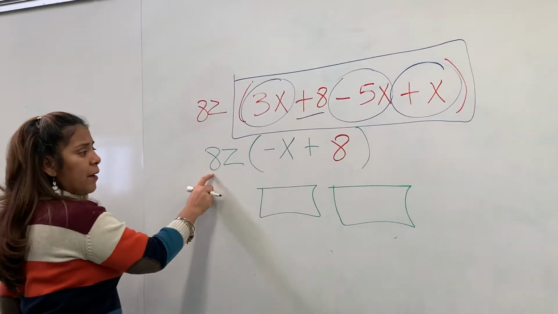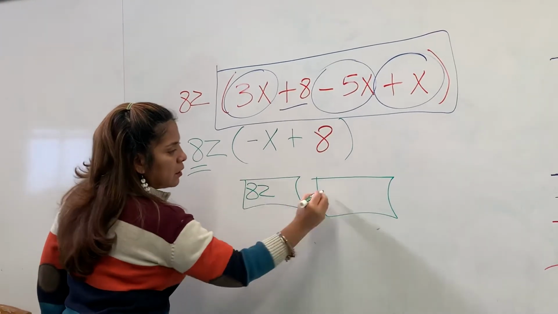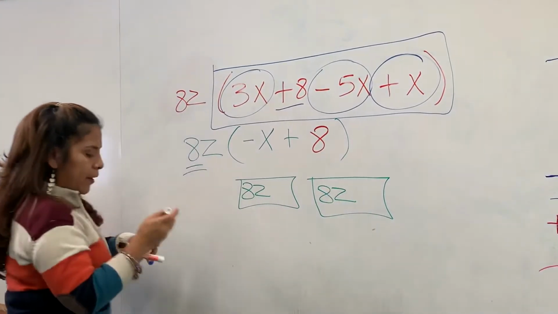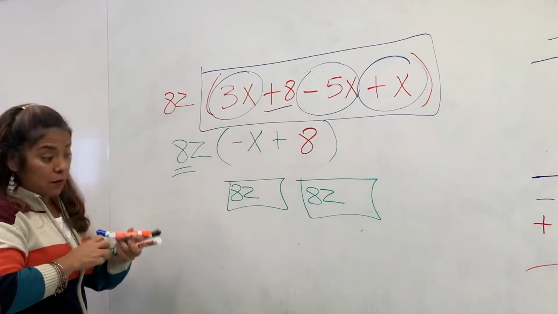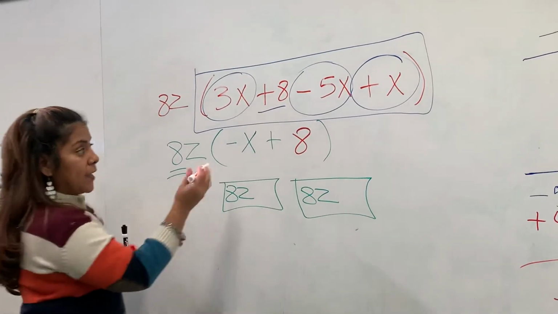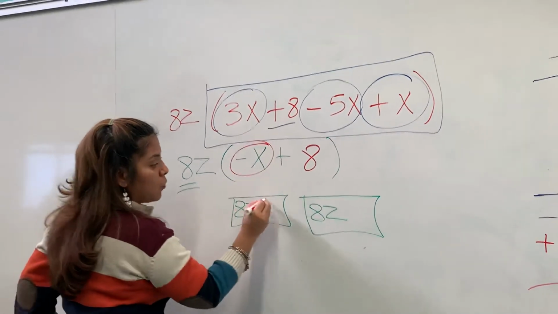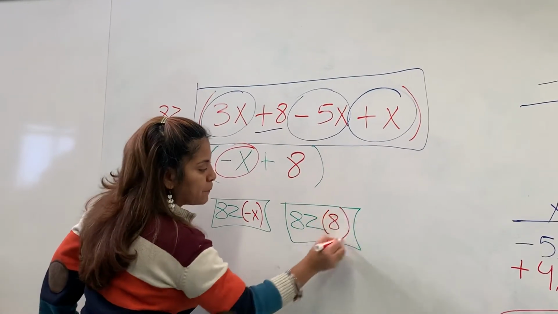I will have my a on each of them. Okay? And then whatever is inside my parentheses, I'm going to also rewrite there. In this case, I have a negative x. I'm going to rewrite times negative x and times 8.